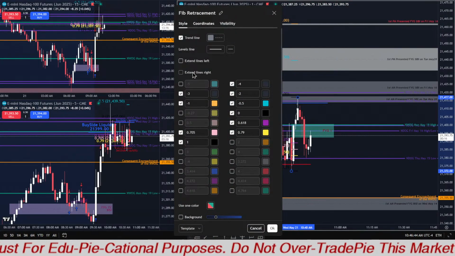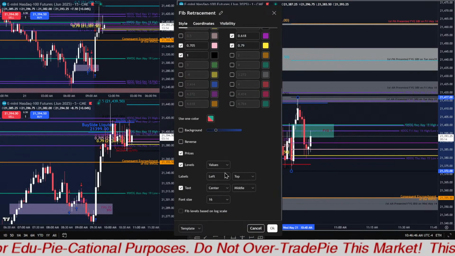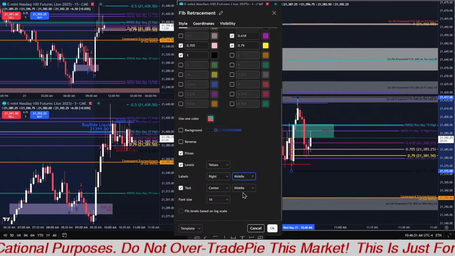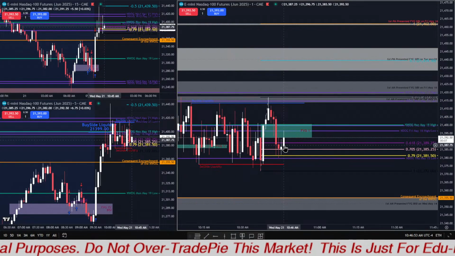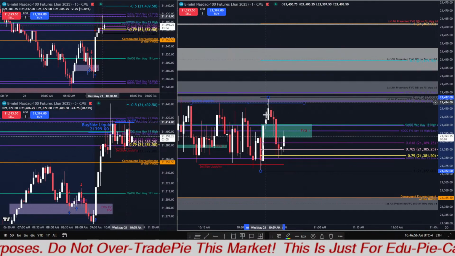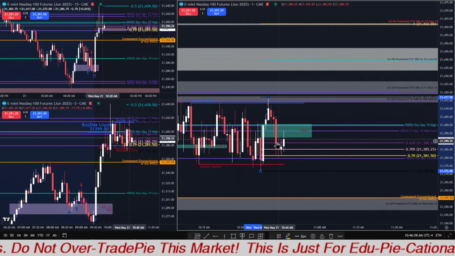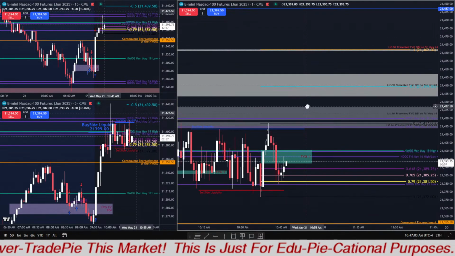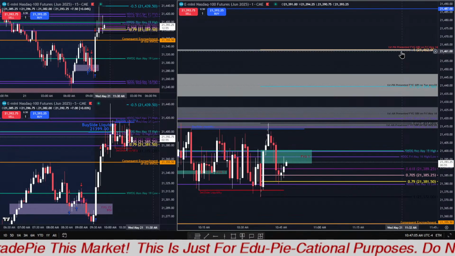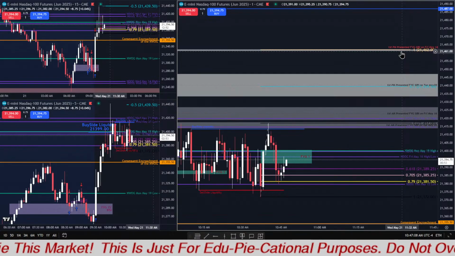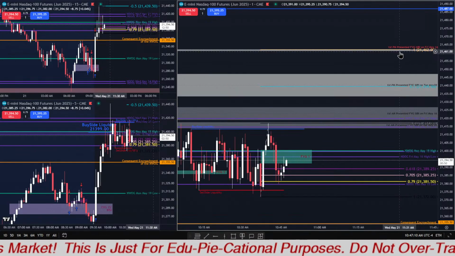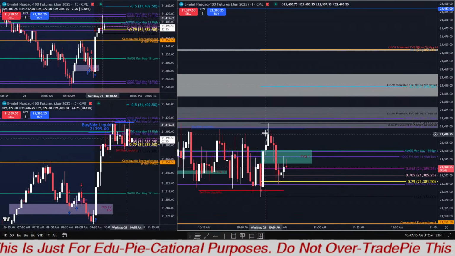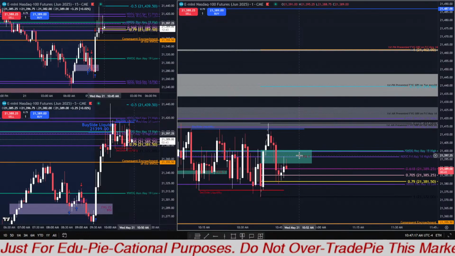These are the OTE levels, and if you consider this dealing range over here, the market spends time around the OTE, and we can expect a run higher towards the first projection of the range to this first presented fair value gap of last Friday.